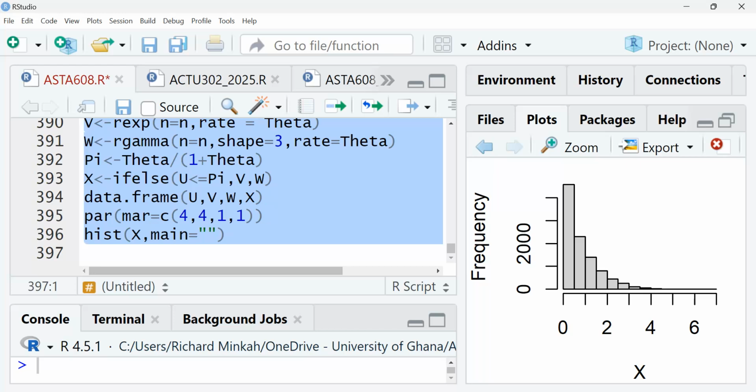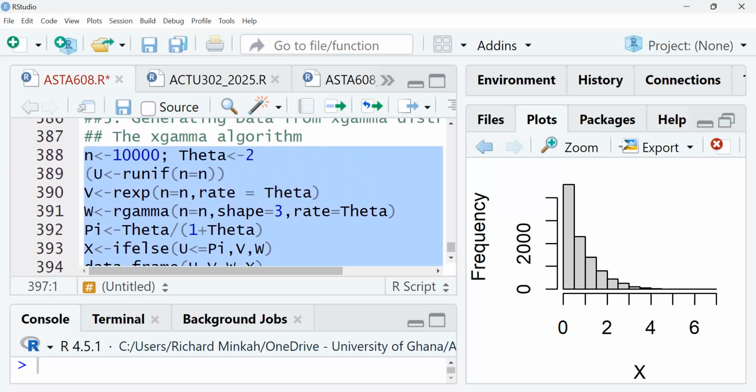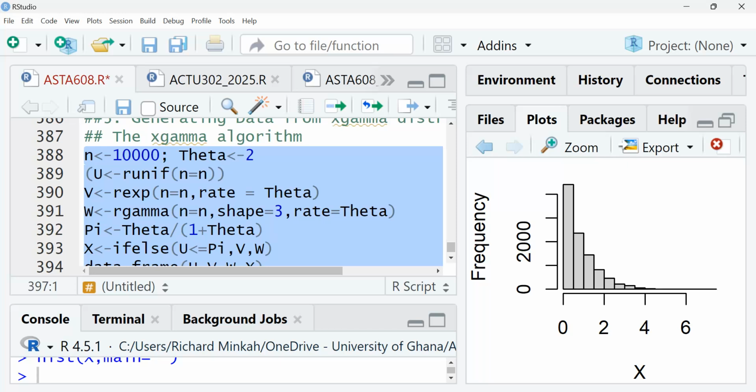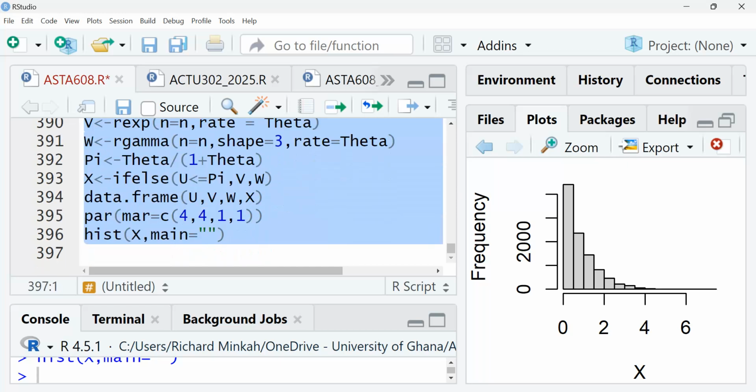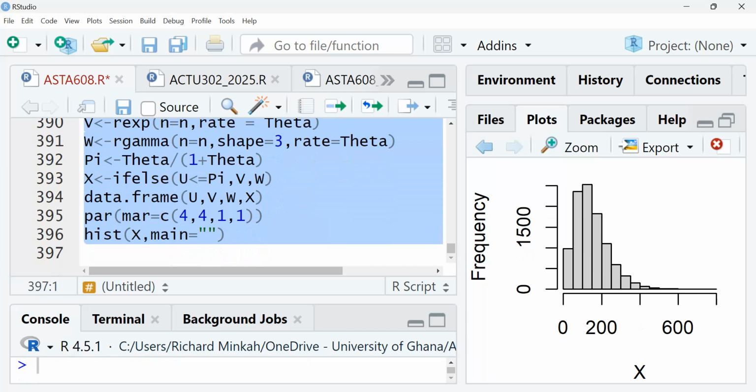I've changed mine to 2, so you see that all the graphs I'm getting actually represent more of an exponential decay. If I change this to 0.02, you'll see that the shape will change. Do you get what is happening? So when the mean is large, you tend to also get more observations from what? The S gamma distribution. So that's what is happening.